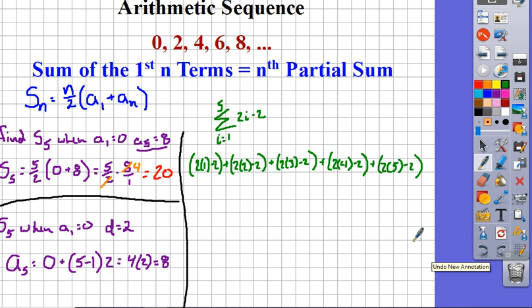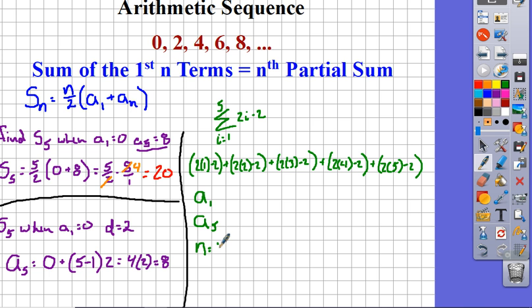What we can do with the summation instead is realize all we need to know is the first term, the nth term, which in this case, going from 1 to 5, there are 5 terms, so we're looking for the fifth term, and how many terms there are, what n is, which would equal this guy minus 1 plus 1, which from 1 to 5 is going to be 5.